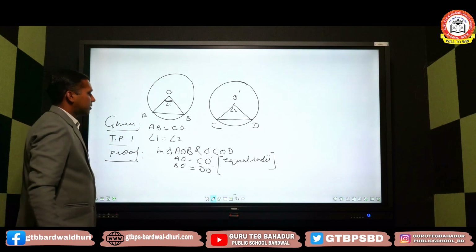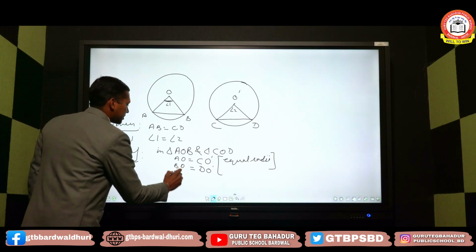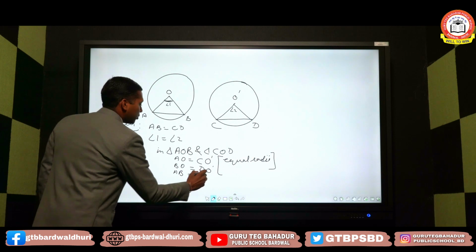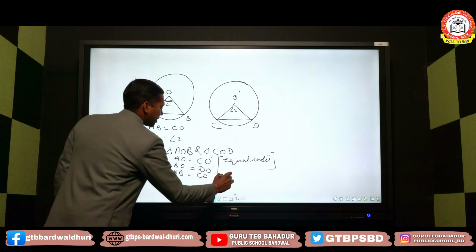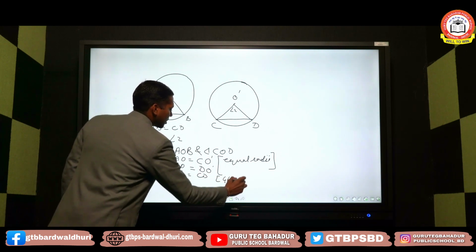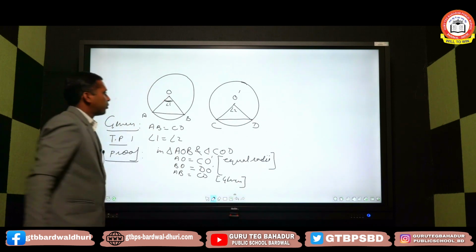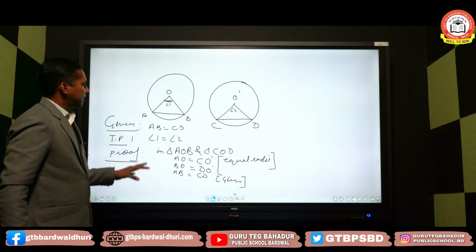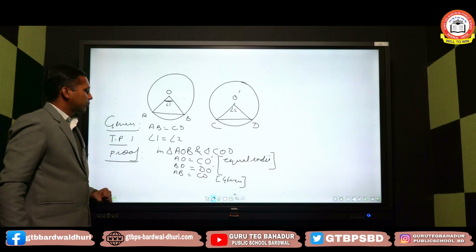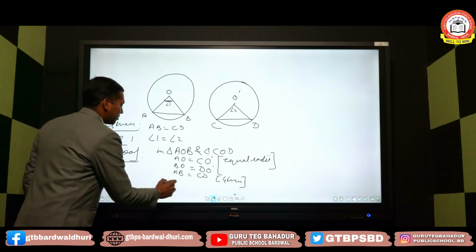And what would be the third in these two? That is AB is equal to CD, which is already given. When we prove these three things, all three sides are equal, so these two triangles are congruent.